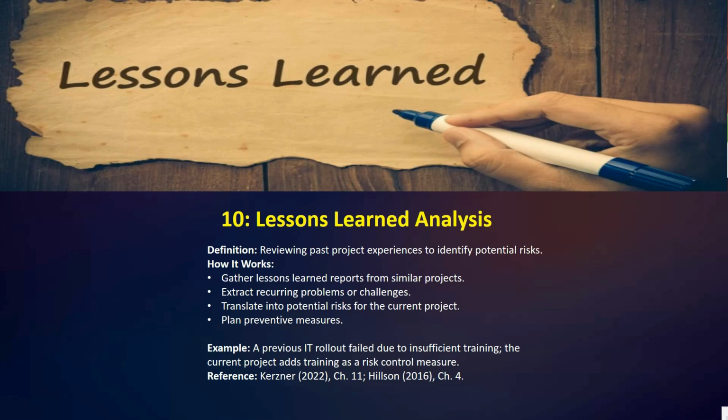So by identifying recurring challenges, you can turn them into potential risk for your current project and proactively plan how to prevent them. Okay, here we have the example: our previous IT rollout failed due to insufficient training. So the current project adds training as a risk control measure. Okay.